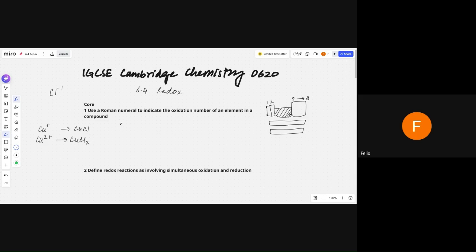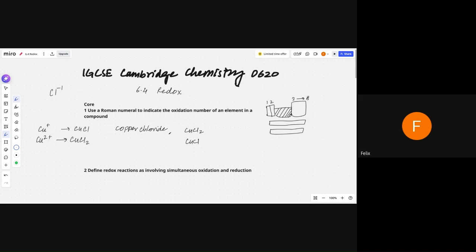Now, if I say copper chloride, let me just write it here, copper chloride. It doesn't mention whether I'm referring to CuCl2 or CuCl. This is why, for transition metals, just because they have a variable oxidation state, they can form ions with different charges.